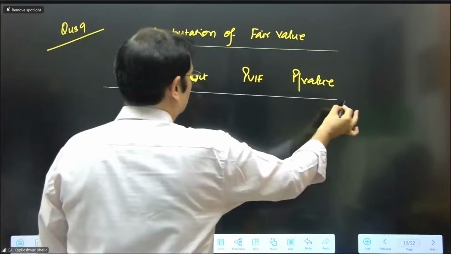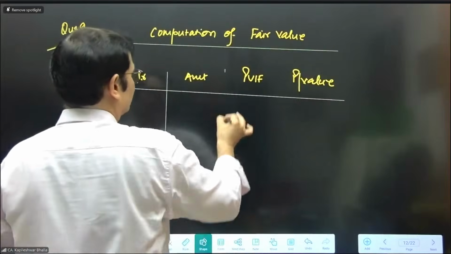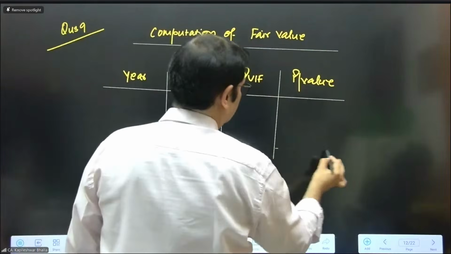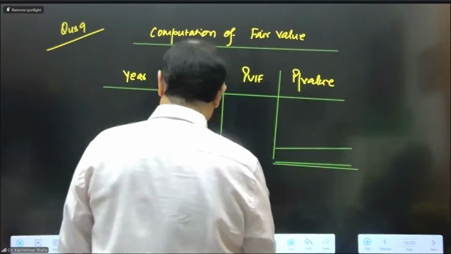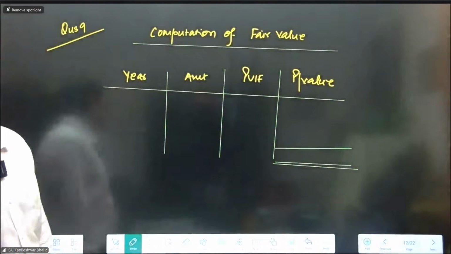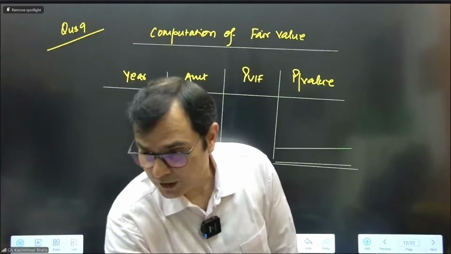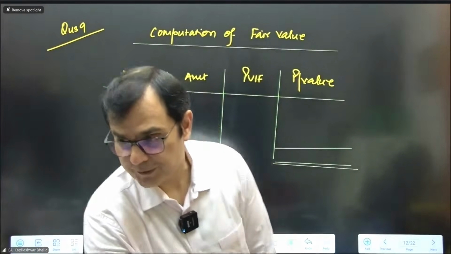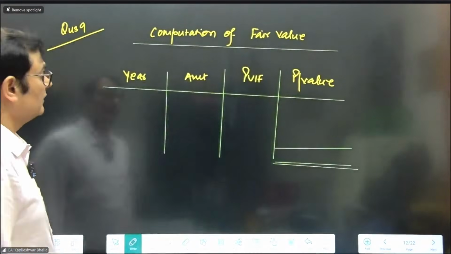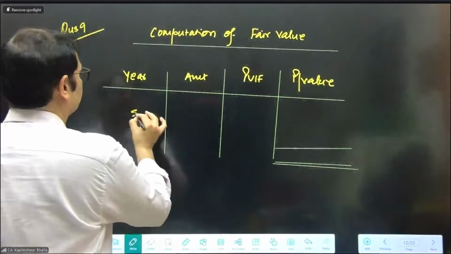Unlike the previous questions, where the collections of interest and the principal were happening, in this particular case there is only a refund of the initial deposit. So we are going to get the refund at the end of the fifth year.